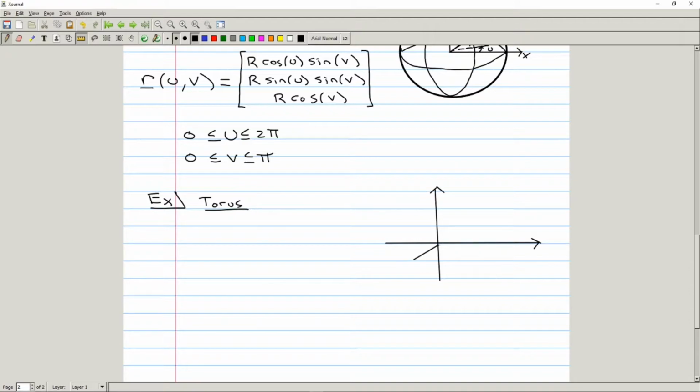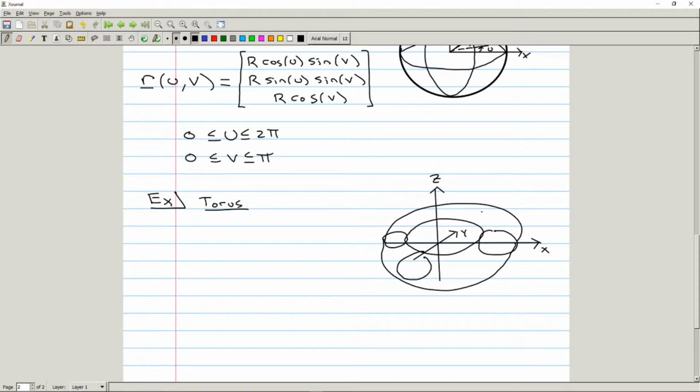We can think of the torus as a circle that we rotate around the z-axis, say, or a given axis, to obtain a donut-like shape, which we can directly derive the equation of very nicely.